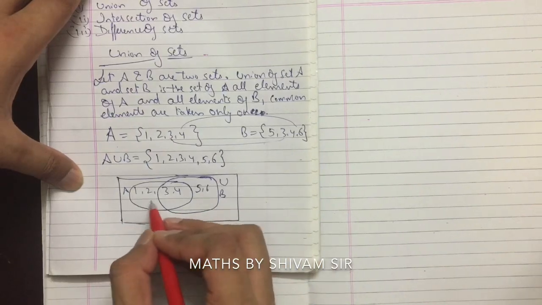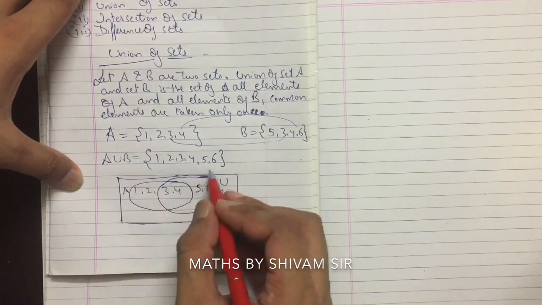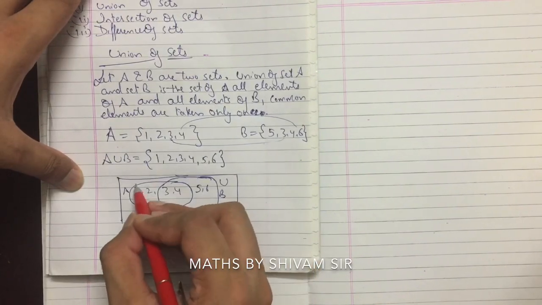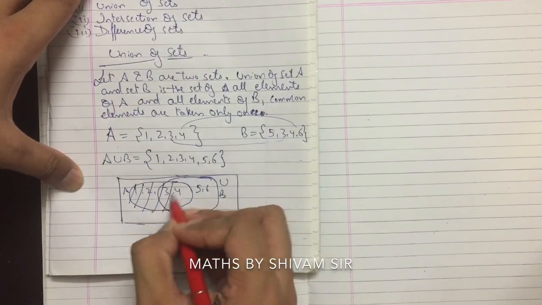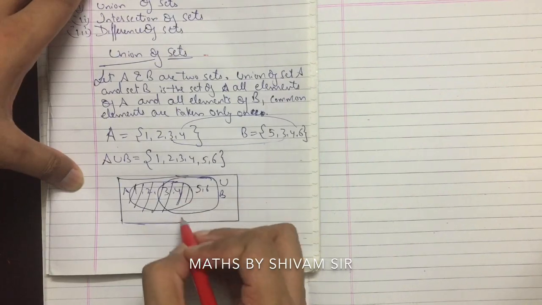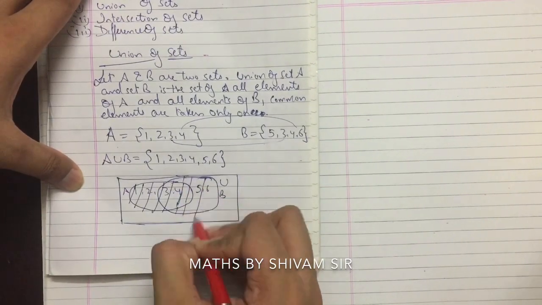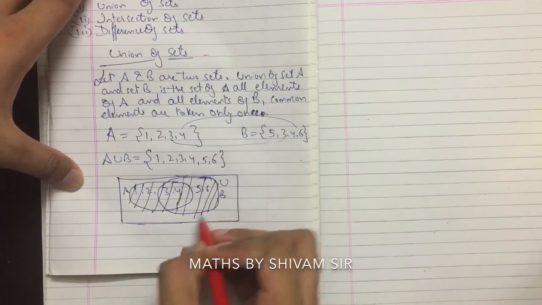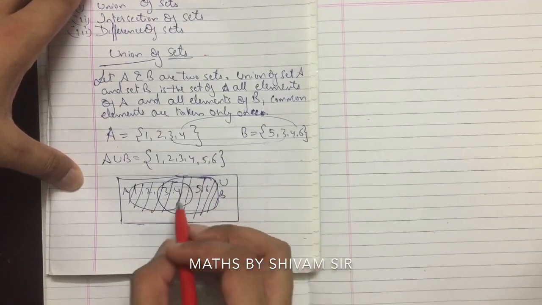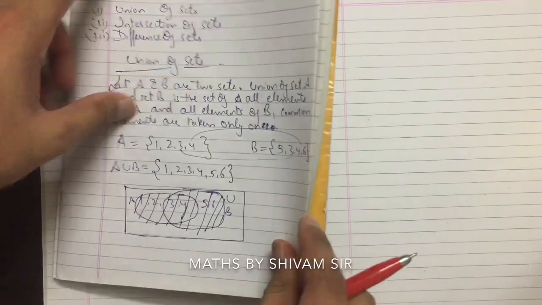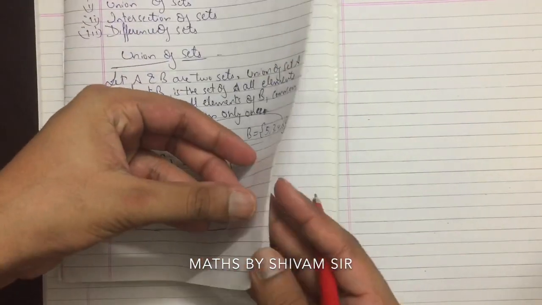So A union B means all the elements of A and all the elements of B, and common elements taken only once. So this set is A and this set is B, and common elements are taken only once. Clearly the image will be somewhere in this way.